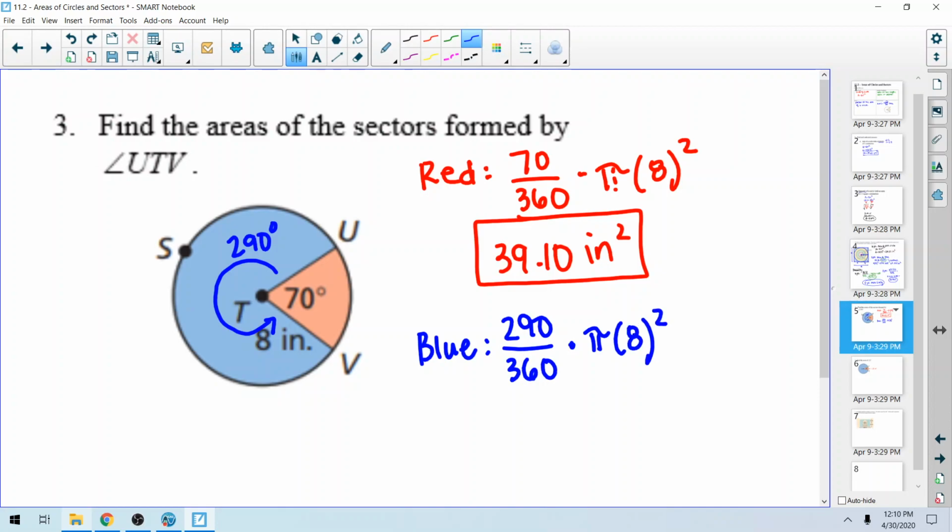So control divide, 290 divided by 360 times pi times 8 squared, control enter, which is 161.97 inches squared. Okay, so if you want to check that, find the area of the whole circle, add the red one and the blue one together, and you better get the same answer.